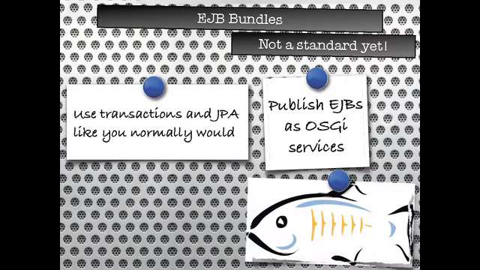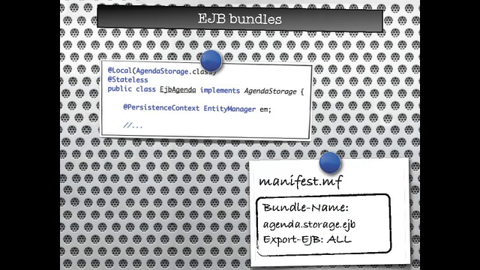This is also very interesting, because what we can do is just write our EJB using a persistence context, in this case for using JPA, package that in a bundle, write our manifest again, and export those EJBs as OSGi services. So I can have other bundles, which can be just plain OSGi bundles, use those EJBs as if they were just OSGi services.